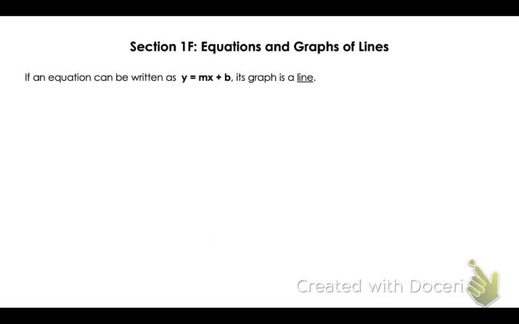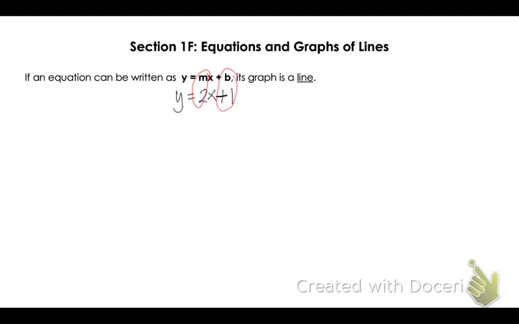In general, if you have an equation y equals mx plus b, like y equals 2x plus 1, you can predict just by looking at that equation that its graph is going to be a line, without plotting points. The m and the b are always just numbers. In our case, m was equal to 2 and b was equal to 1.